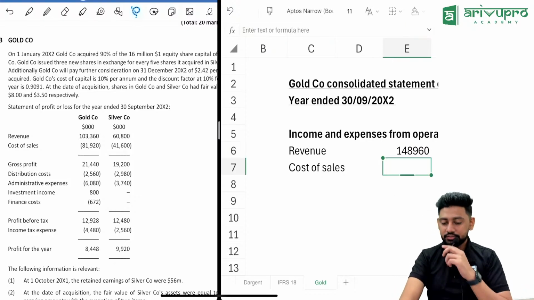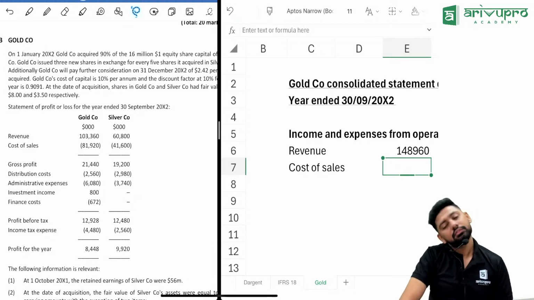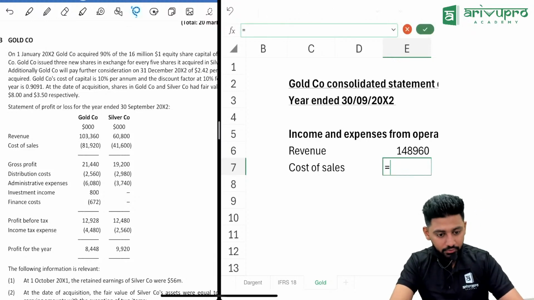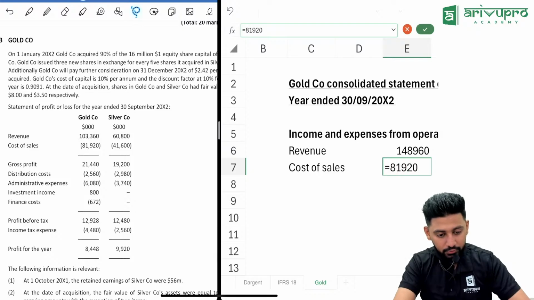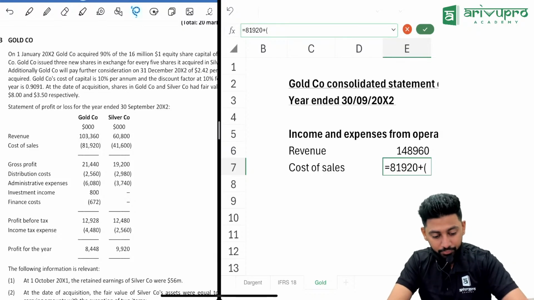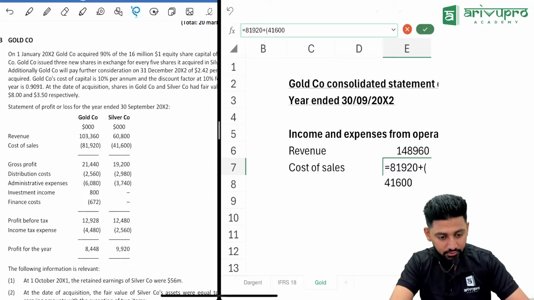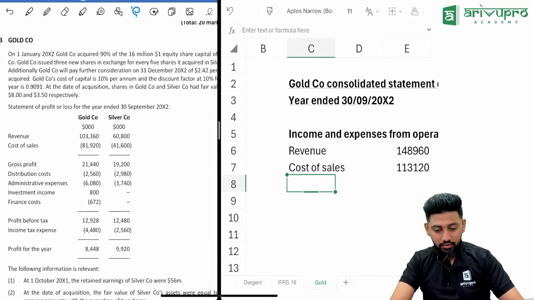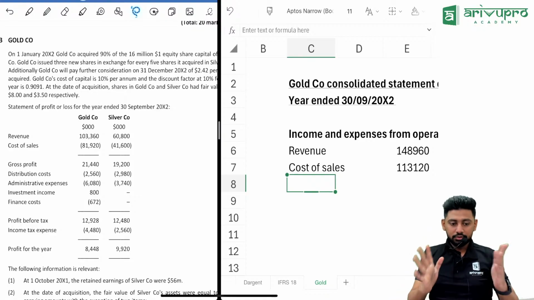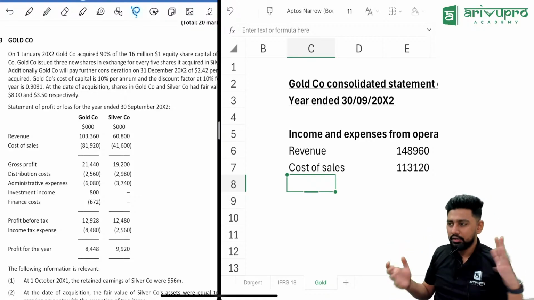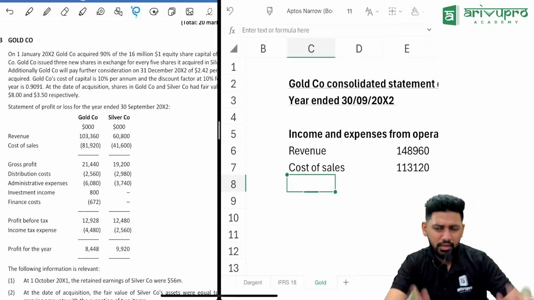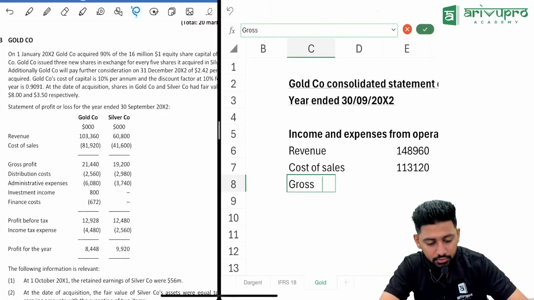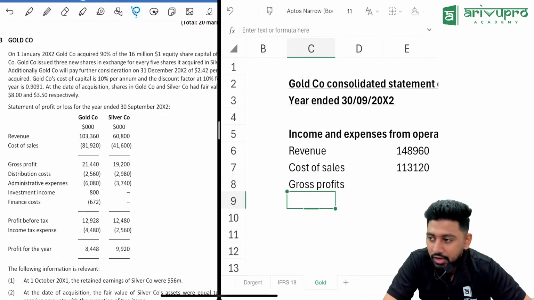You're going to do the segregation here itself. Cost of sales equals 81,920 plus open brackets 41,600 into 9/12, which gives me gross profit. Gross profit is not a mandatory line item, but you can put it if you want. No problem there.